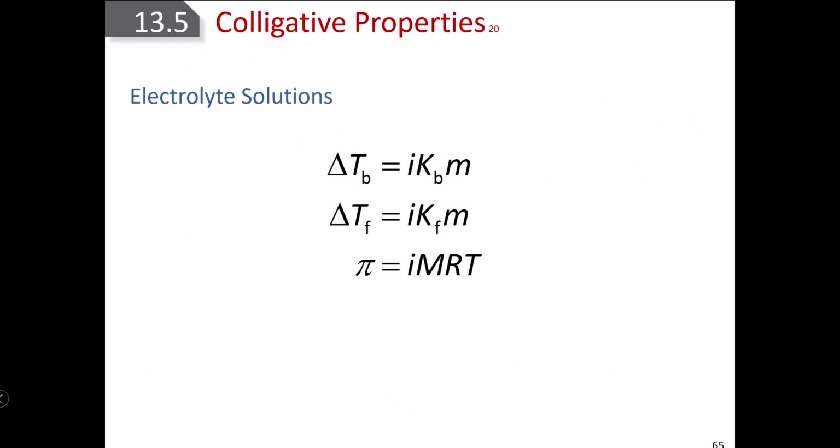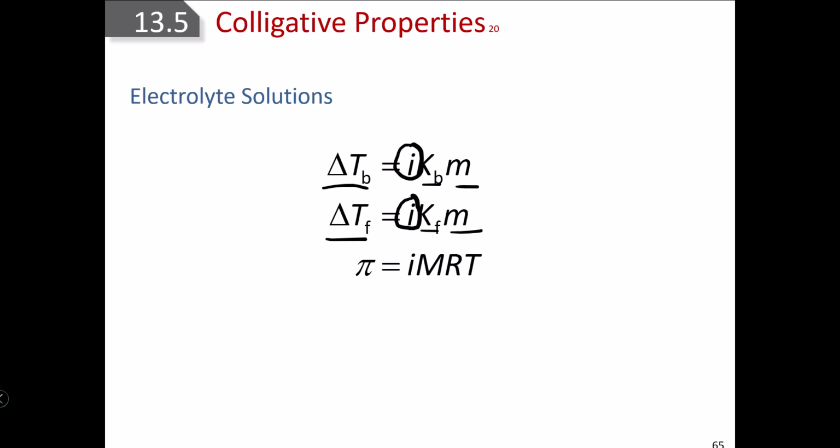So let's see this in action here. So that changes our equations. So our equations become: the change in temperature when we do boiling point elevation, or the change in temperature when we do freezing point depression, is no longer just the constant times the molality like we saw before. Now we have the Van 't Hoff factor.